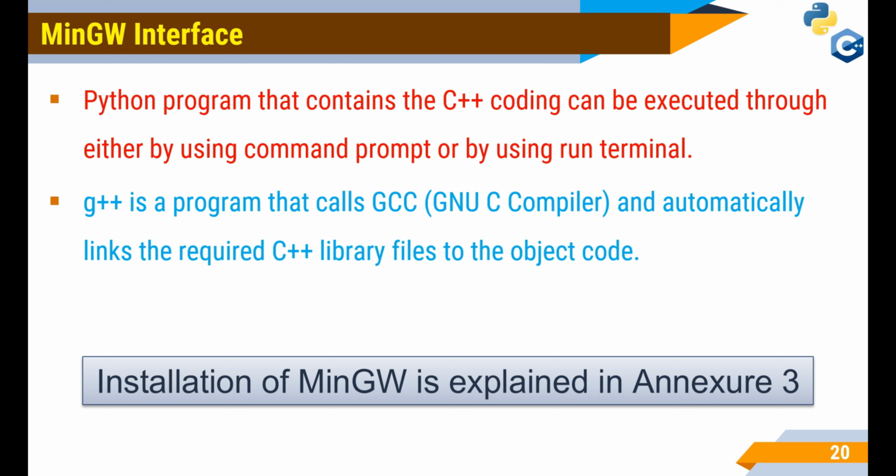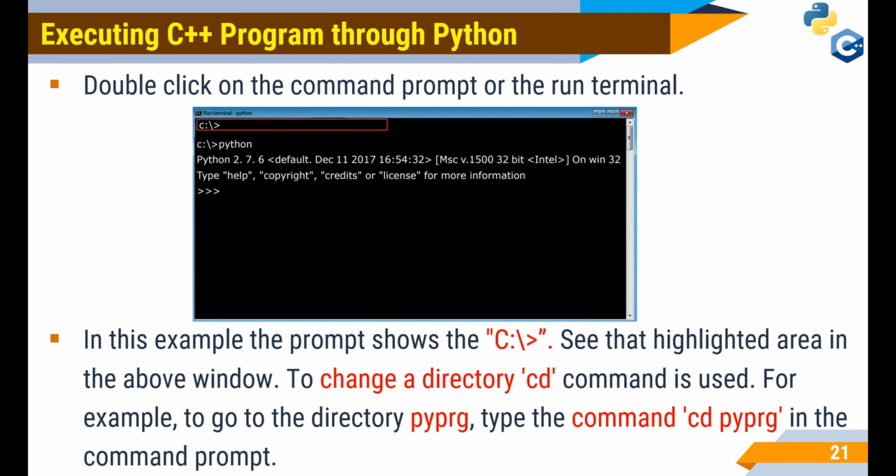Installation of MinGW is explained in Annexure 3 in that session. You see executing a C++ program through double click on the command prompt or the run terminal. Here the default is Python 2.7.6, and a link is also given, right?